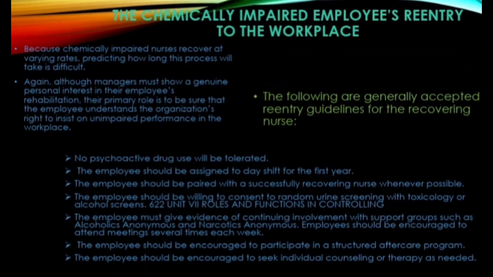The chemically impaired employee re-enters the workplace. Because chemically impaired nurses recover at varying rates, predicting how long this process will take is difficult. Again, although managers must show a genuine personal interest in their employees' rehabilitation, their primary role is to be sure that the employee understands the organization's right to insist on unimpaired performance in the workplace. The following are generally accepted re-entry guidelines for recovering nurses.